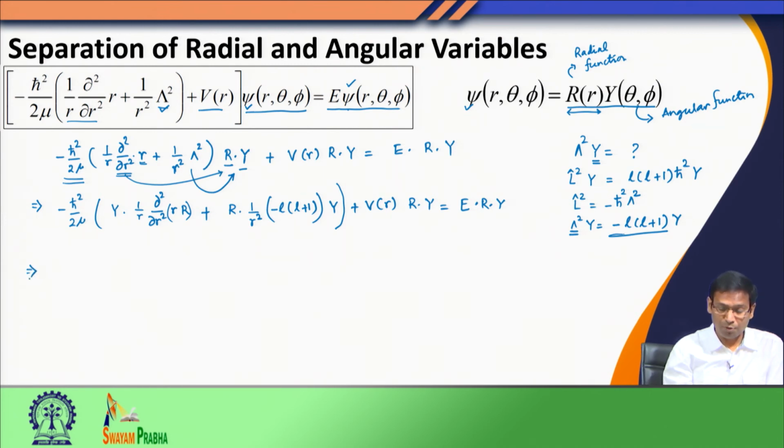All right. Now, when I look at this term, I see that this R function is yet to be acted on by the differential operator, but in all the terms existing in this equation, the angular term Y is simply multiplied.